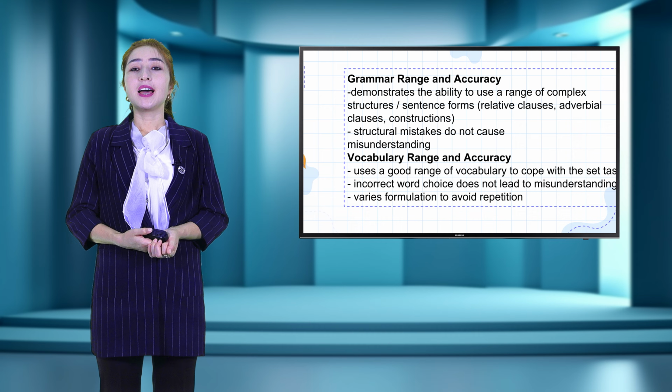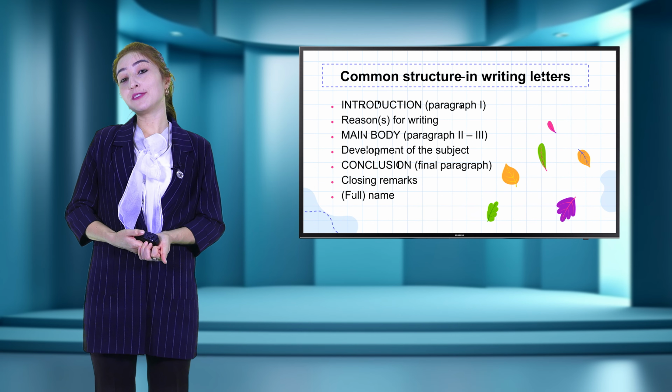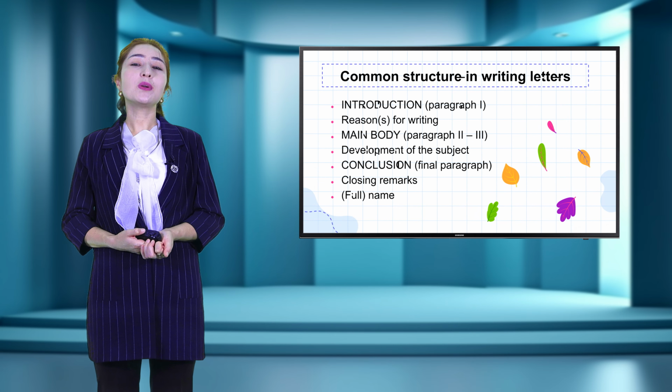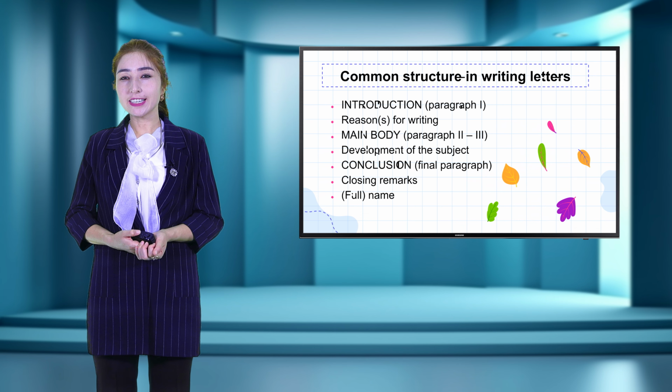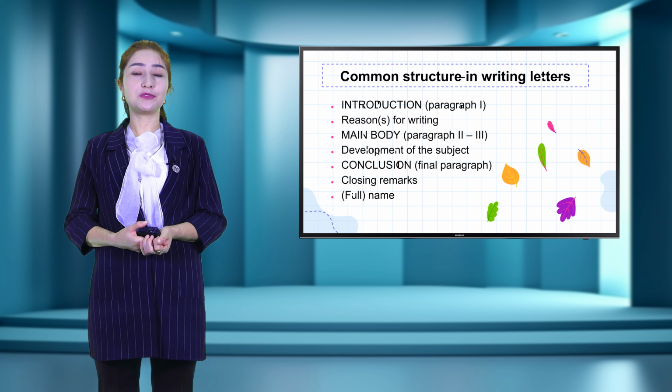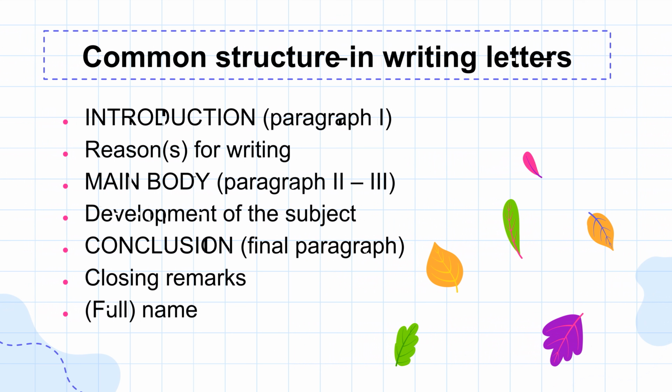Finally, I will draw the structure of the formal letter. The first is the introduction. I would like to repeat this structure again. It is called the first paragraph, and here we will write the reason for writing.